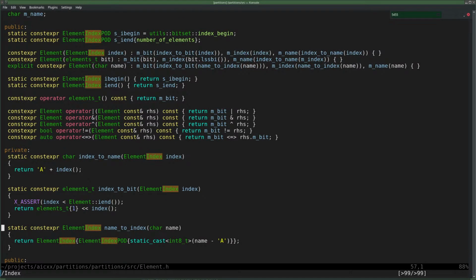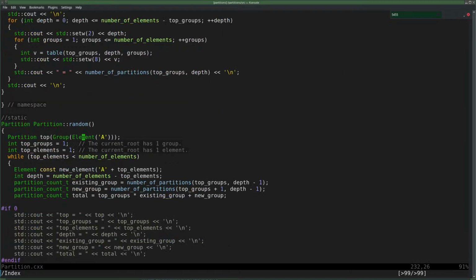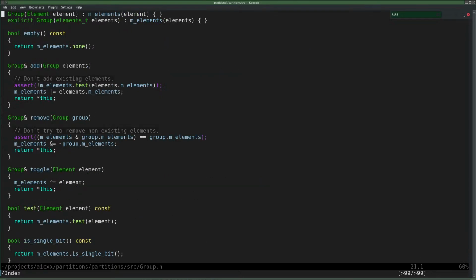So then we have an element index, and then we convert that to index to bit, which you just shift it. Must work as well. Okay, so we have an element, and then construct from that a group.